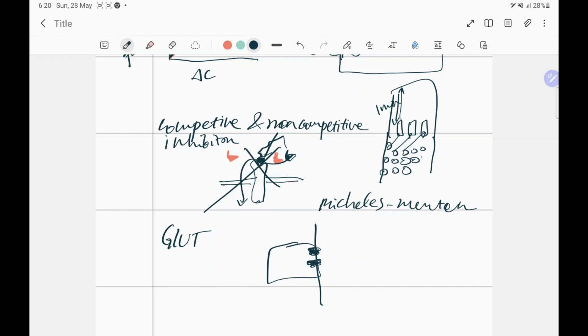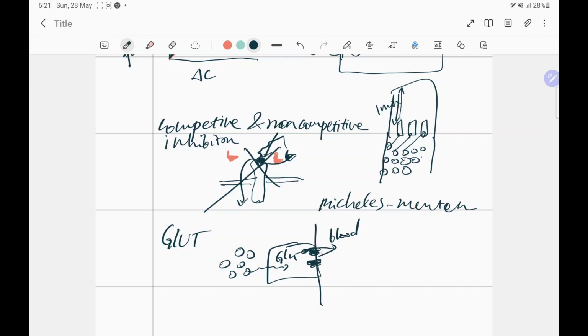So in the intestines or in your nephron, you have a special transporter that gets the glucose into the cell. Let's say you ate some sugar for food. Now the glucose makes it into the cell through a secondary active transport mechanism I'm going to talk about later. But for the glucose to go from this cell into your blood, into the ECF, it is going to take this transporter.